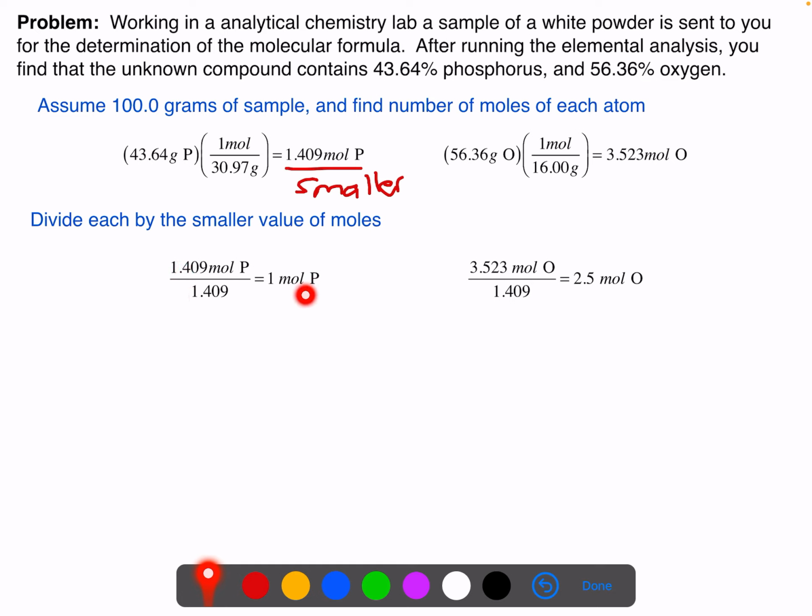So we get 1 mole of phosphorus. We're then going to divide 3.523 moles of oxygen by the smaller number 1.409, and we get 2.5 moles of oxygen. So for every 1 mole of phosphorus, we have 2.5 moles of oxygen. That's what this is telling us. For every one of these, we have 2.5 of those.